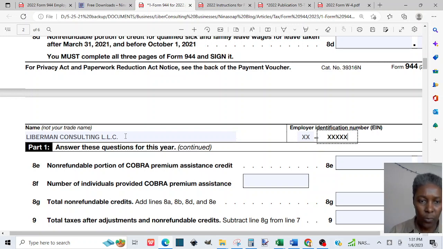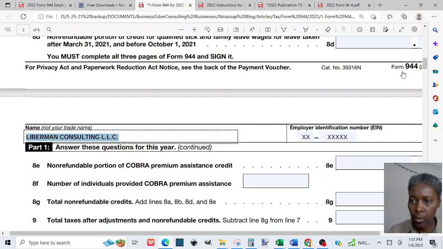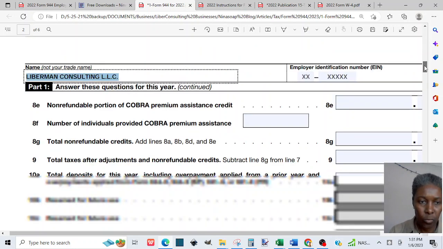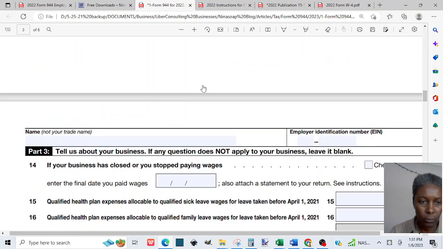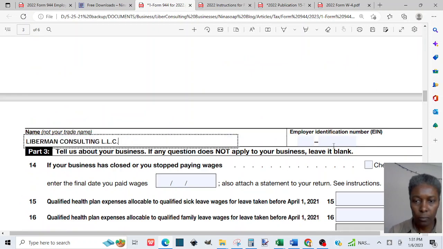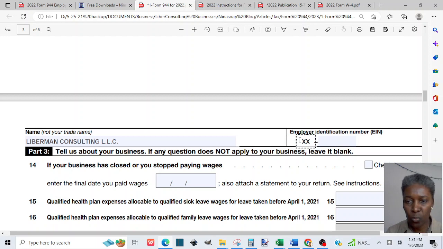So let's just copy that, and it will go on page 3 as well. And make sure when you print this out, you check that all your pages have your business name and your identification number.